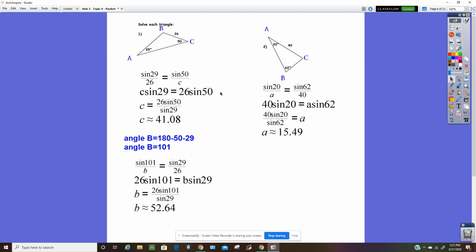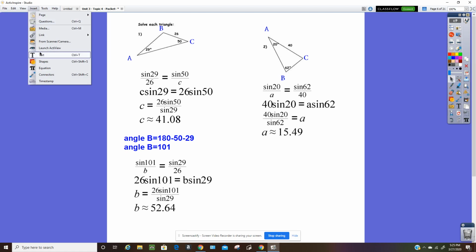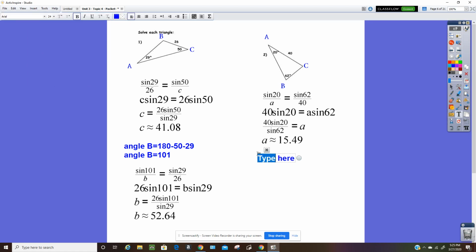In order to find angle C, I'm just going to say that angle C is equal to 180 minus 62 minus 20. And that's just subtraction there. So I know there's 180 degrees in a triangle, and that's how I find angle C, by subtracting the two given angles from 180.